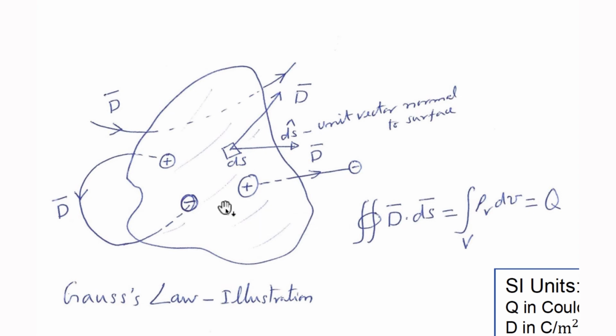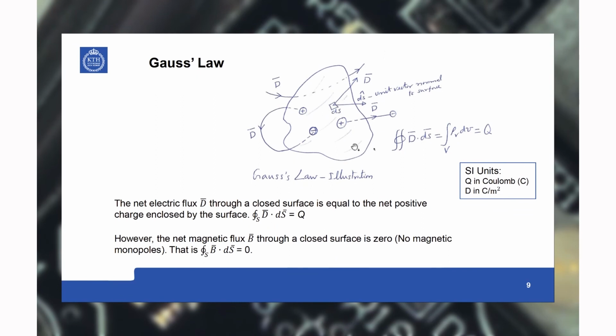So it is the total electric flux coming out that is equal to the charge contained within this volume. It doesn't matter where those charges are. The sum of all those charges together will be equal to Q. So this is Gauss's law. The net electric flux D through a closed surface equals the net positive charge enclosed by the surface. Now the unit of Q is coulombs and D is coulombs per meter squared.